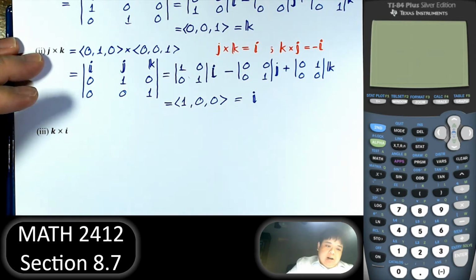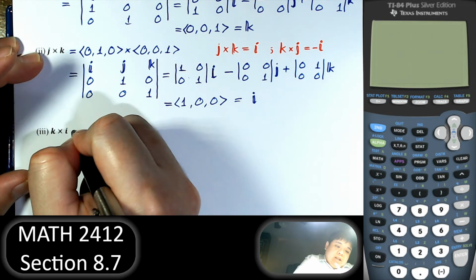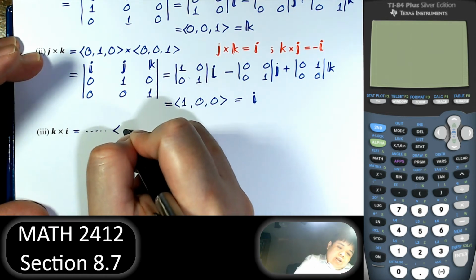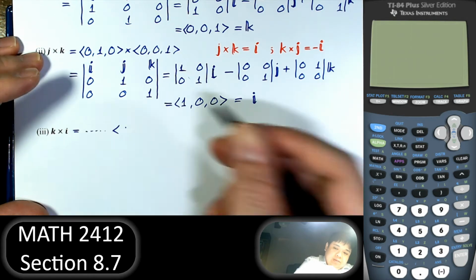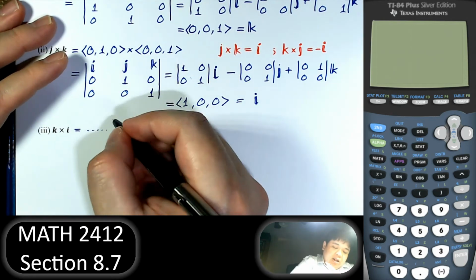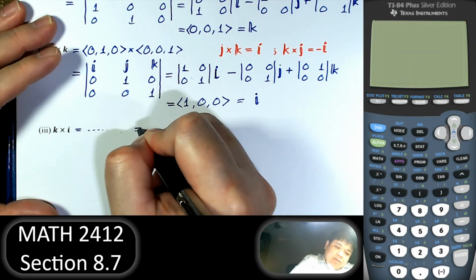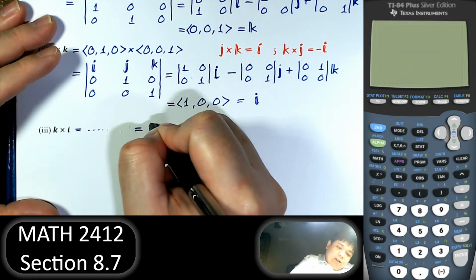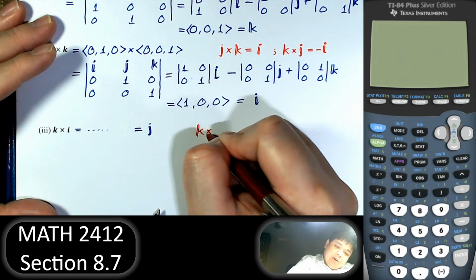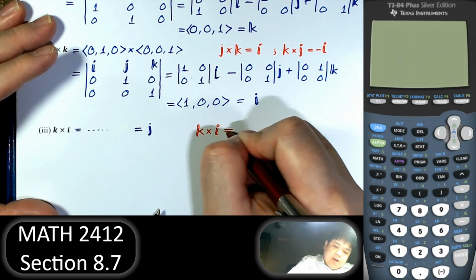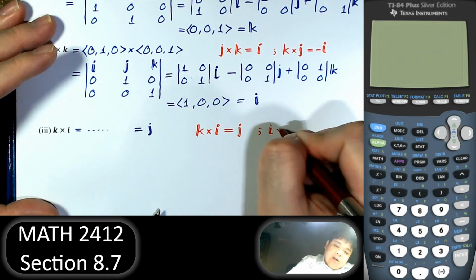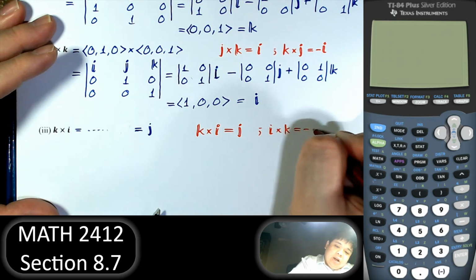Now, if we do the same thing, k cross i will equal j. I mean, we do the same thing. It's not that difficult. So we have k cross i is equal to j, and if we reverse them, i cross k equals negative j.